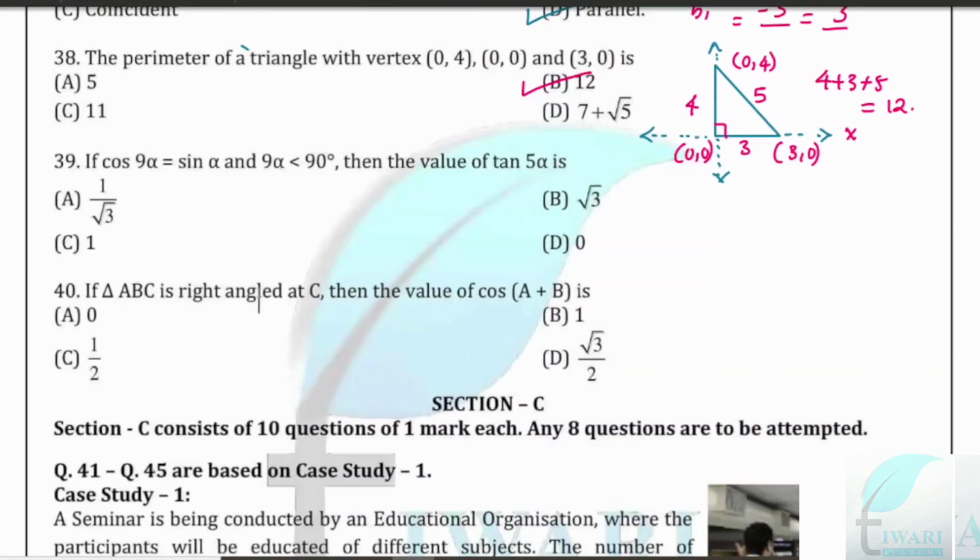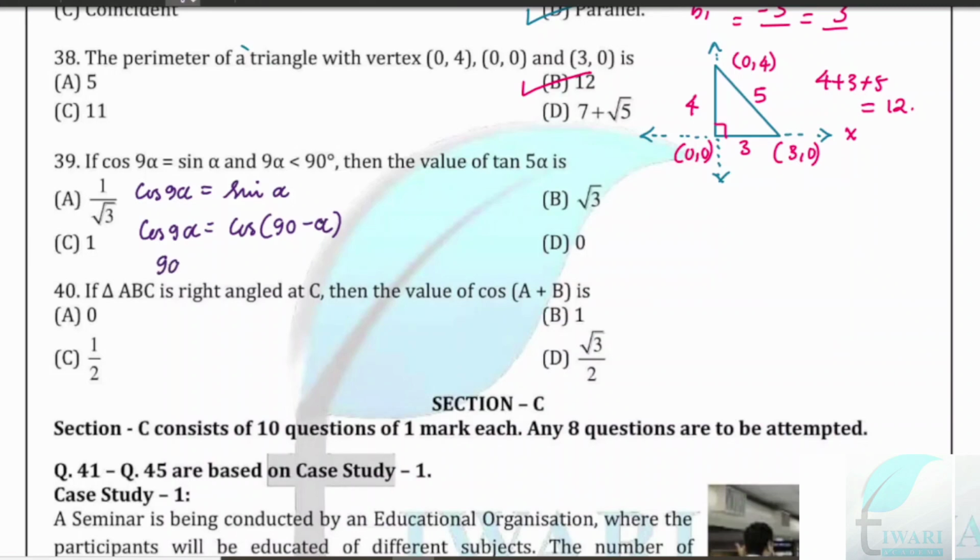Question number 39. If cos 9 alpha is equal to sin alpha, find the value of tan pi alpha. Okay, to find the value of tan pi alpha, we should know what alpha is here. So what is given? Cos of 9 alpha is equal to sin alpha. This can be written as cos 90 minus alpha, because cos of 90 minus alpha is sin alpha.